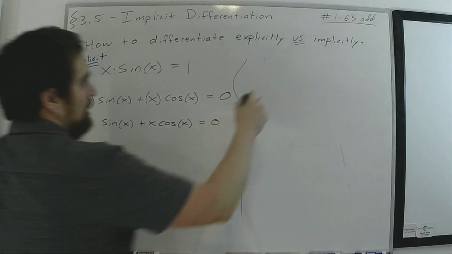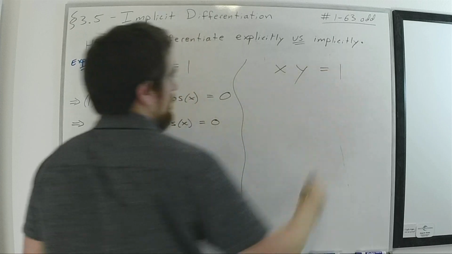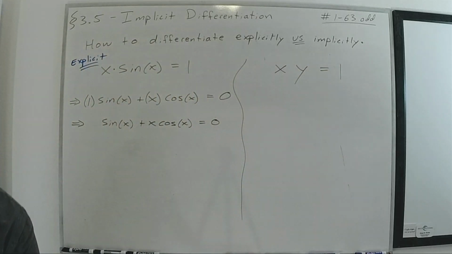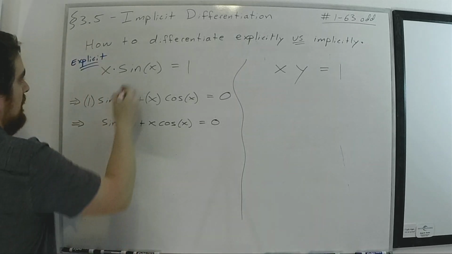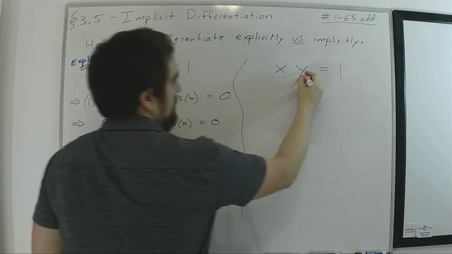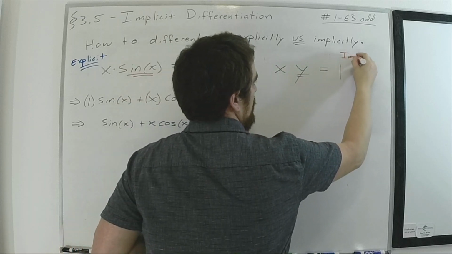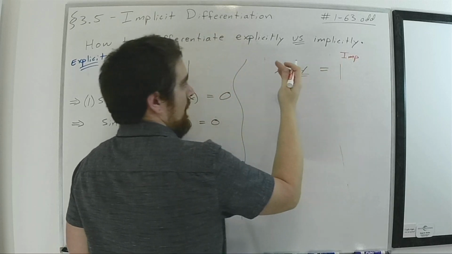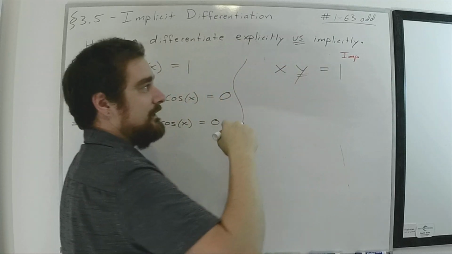But what if we look at x times y equals 1? Now I've replaced sine of x with the variable y. So I don't know what y is. Y could be a log function. Y could be an exponential function. Y could be a polynomial.